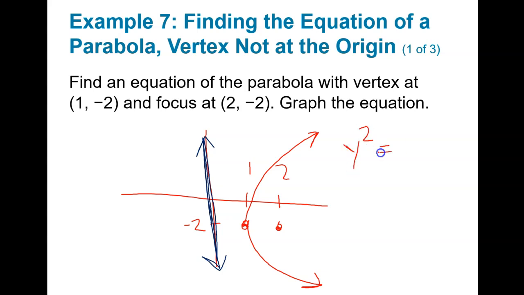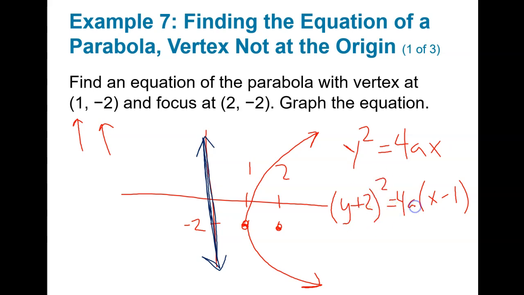So that means this looks like y squared equals 4ax. But we shifted. How did we shift? We went right one. That means instead of x, it's going to be x minus 1. And we went down 2. So that means instead of this being y squared, it's going to be y plus 2 squared equals 4a times x minus 1.